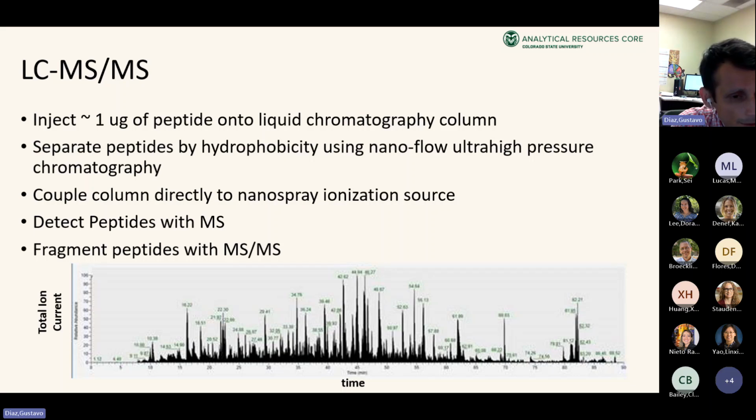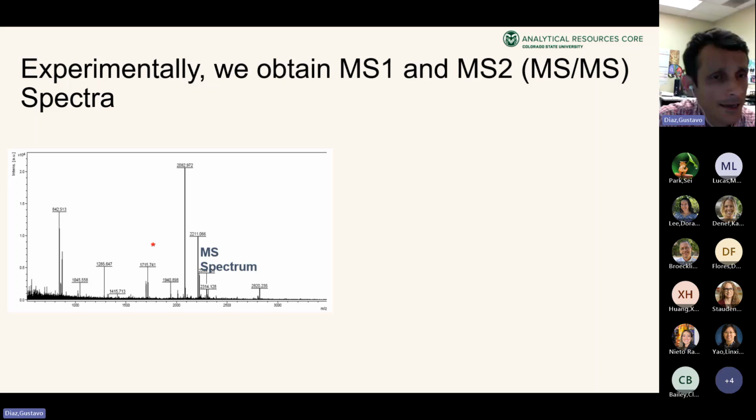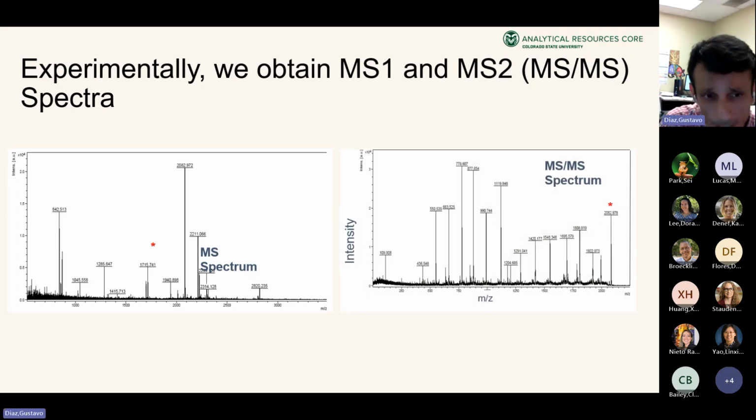Here in the figure, this is an example of the chromatogram, and we have all those peptides across the retention time in the analytical column. So at the end, what we get experimentally is thousands of MS1 spectra, and many more MS2 spectra.